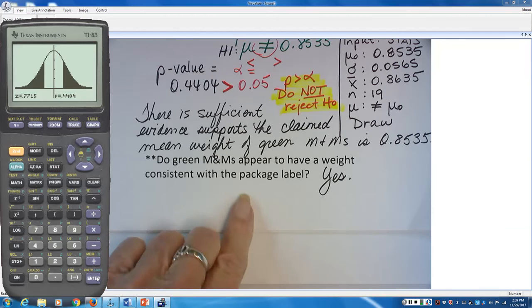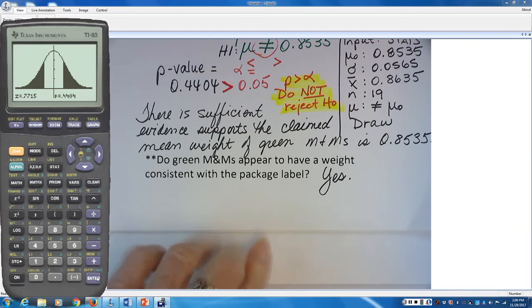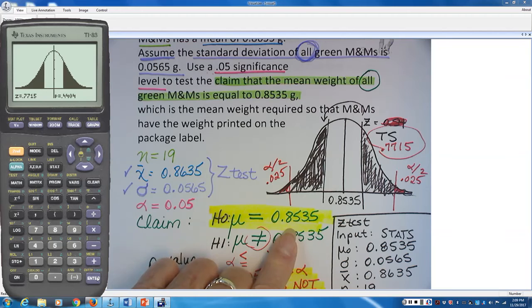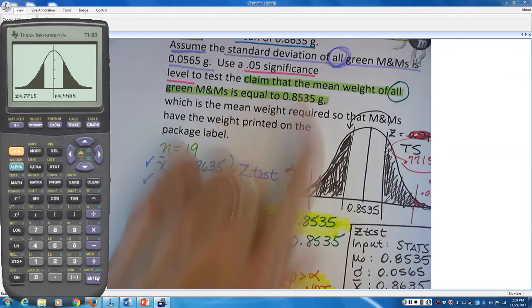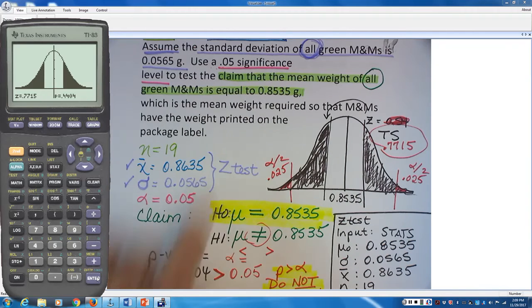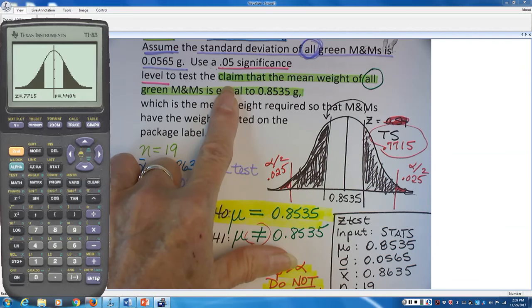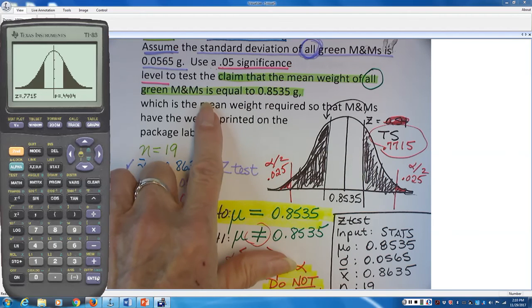Because when they put that number on that package, that's what they're saying. When they label that package, that's a claim. When they label your box of cereal as being 14 ounces, that's a claim.